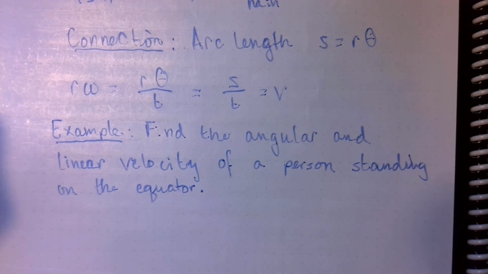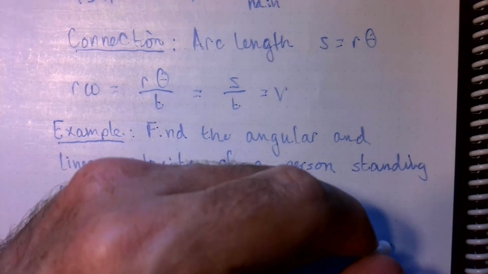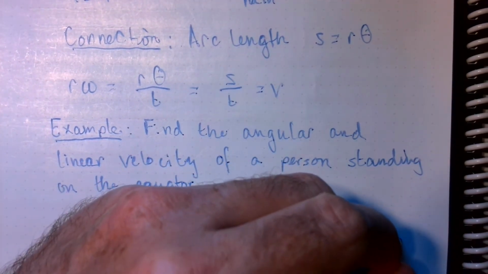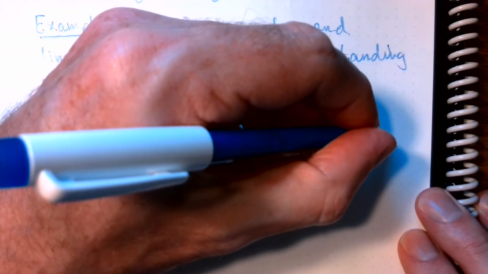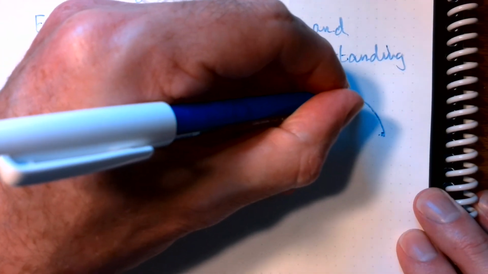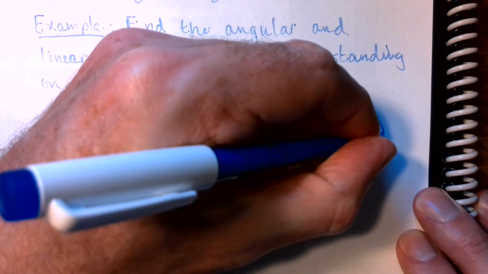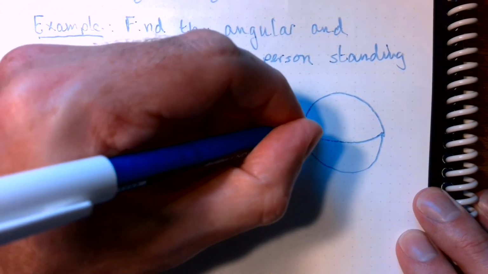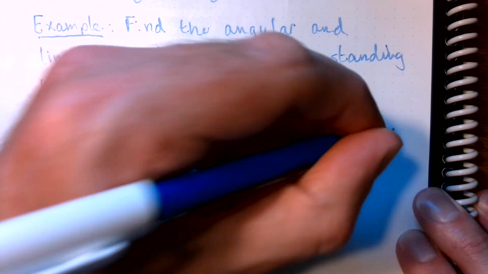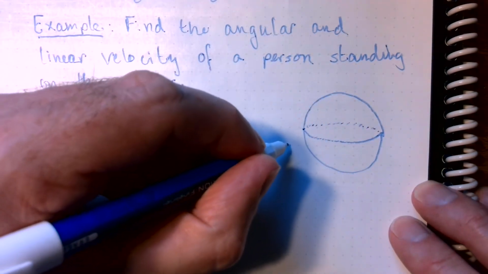Okay, so let me draw a couple pictures here to help us understand what's going on. So we've got our Earth there, a sphere. The equator, of course, is a line going right through the middle of the sphere.